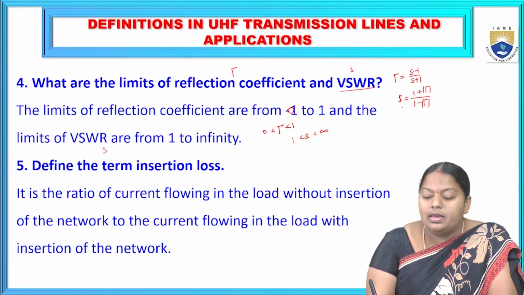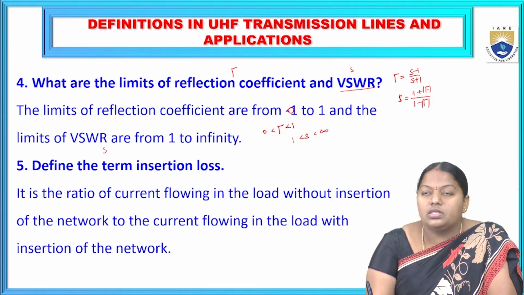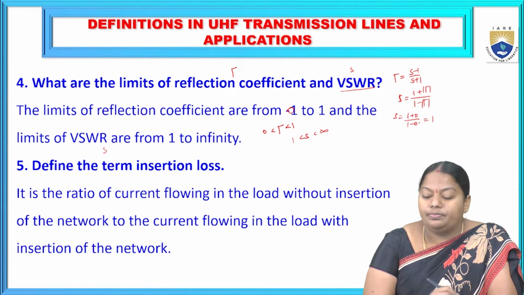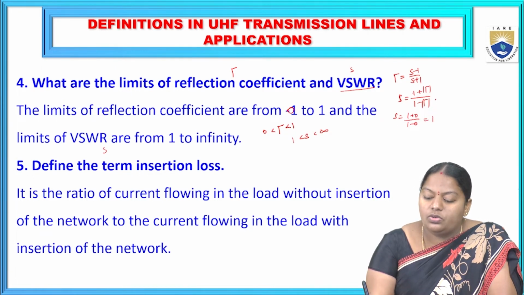How do these vary? If you consider gamma equal to 0, then S is equal to 1 plus 0 by 1 minus 0, which becomes 1. Similarly, if you assume gamma equal to 1, then S is equal to 1 plus 1 by 1 minus 1.